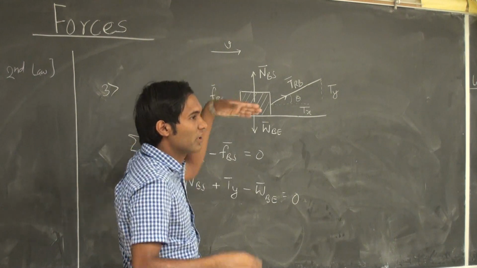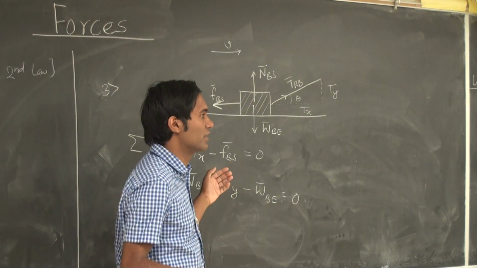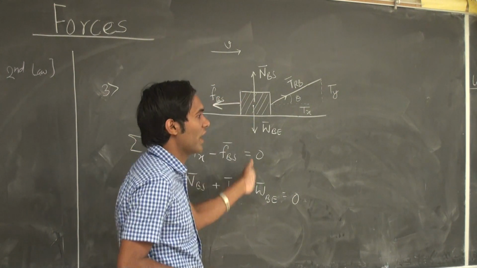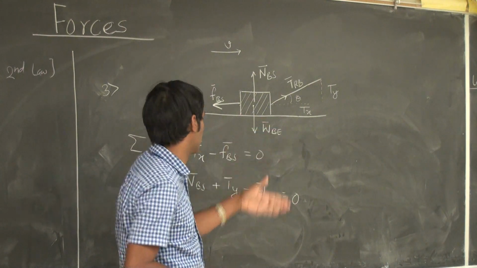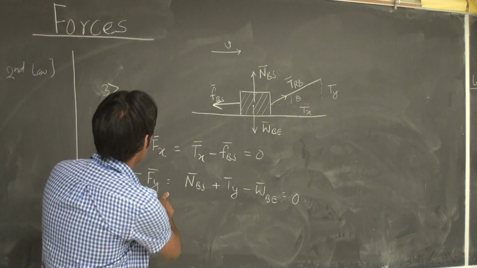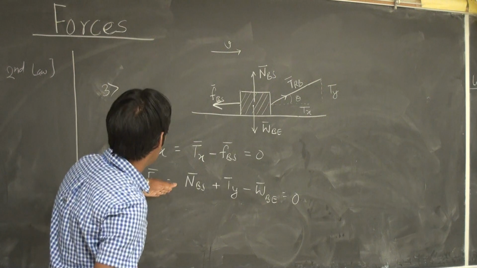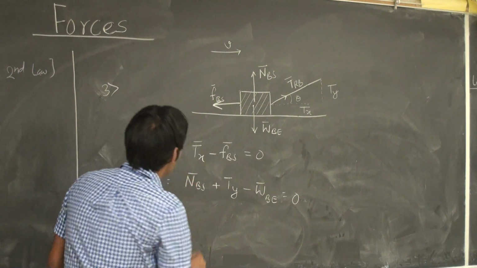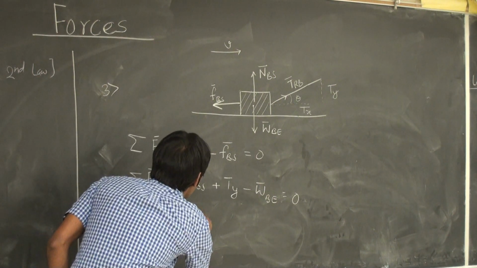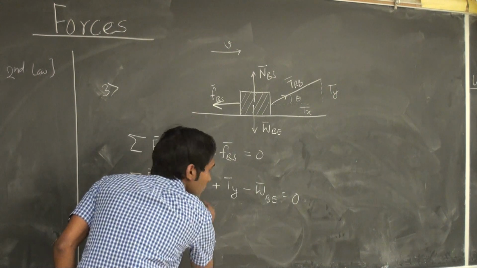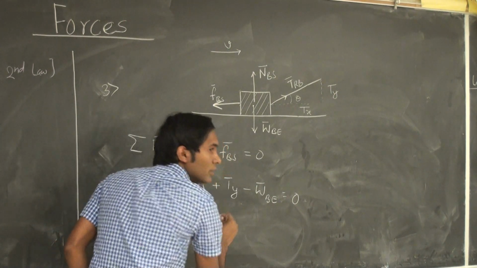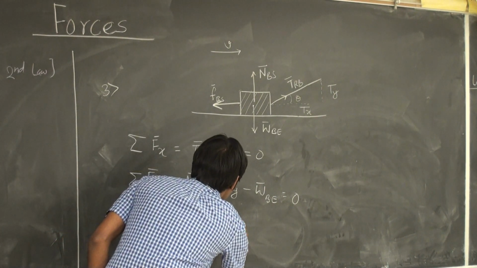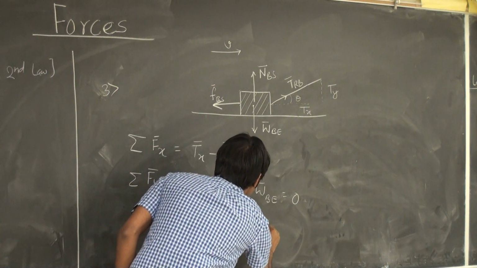If it is moving with constant velocity, the acceleration is 0. No net force is acting along the y direction, and also in the x direction. So we are interested in this y component. If you consider the y component, NBS plus Ty should be equal to WBA.